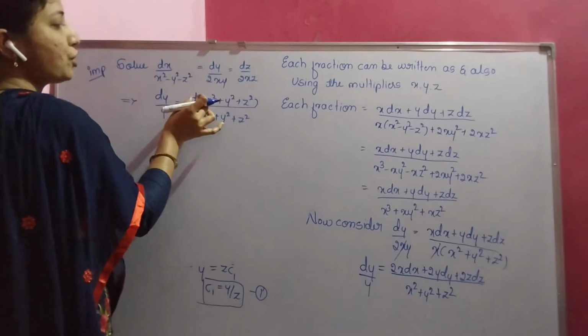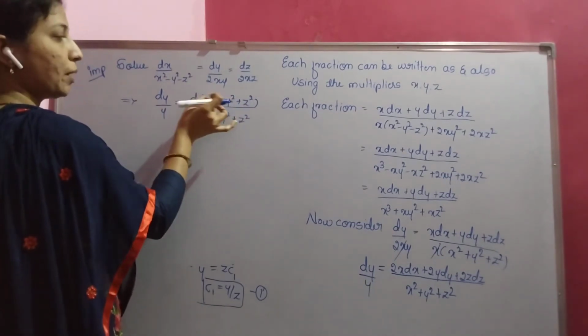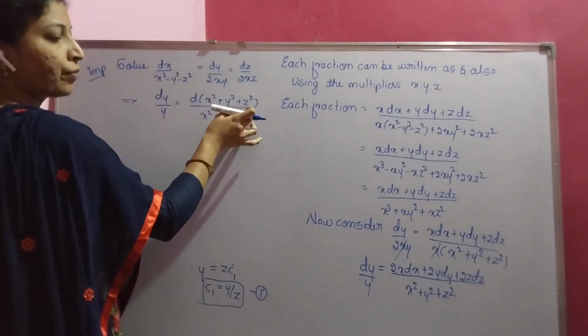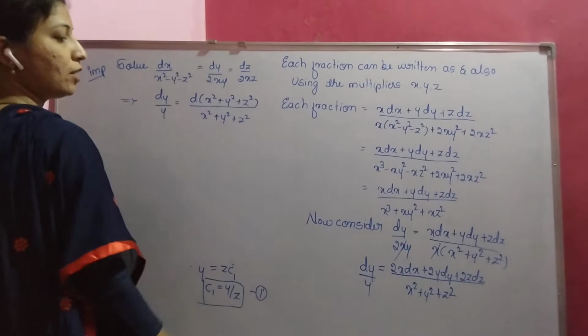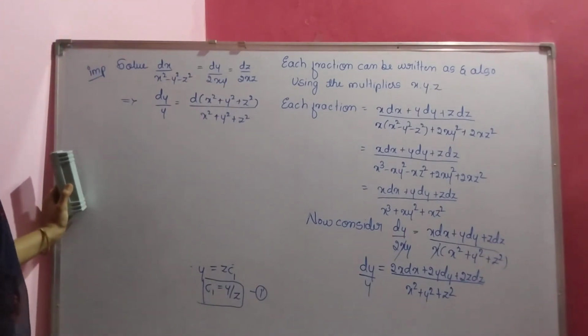It means the differentiation of x square plus y square plus z square is 2x with respect to x, 2y with respect to y, 2z with respect to z. So the term 2x dx plus 2y dy plus 2z dz can be written as d of x square plus y square plus z square.